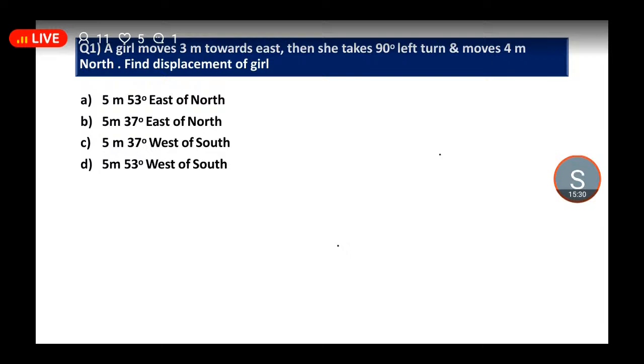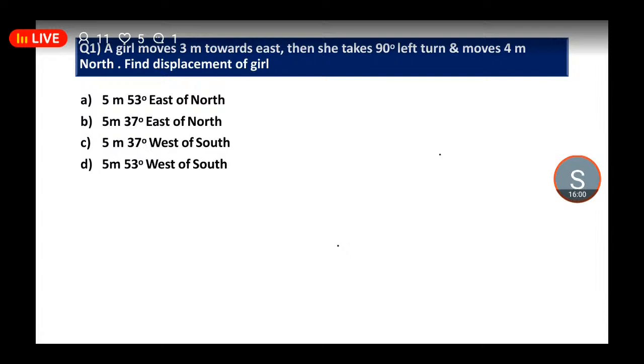The answer to that would be 5 meters, 37 degrees. That is the answer to that question. 37 degrees east of north.